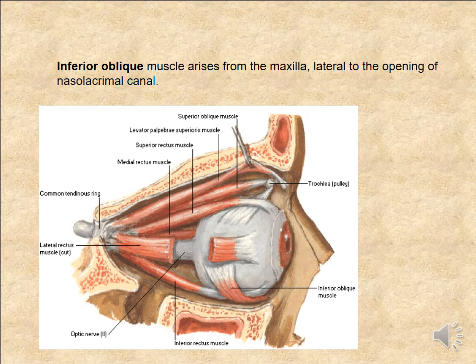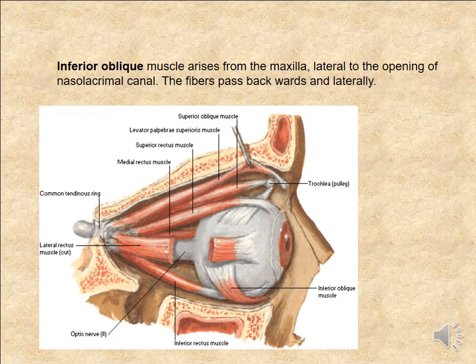The last extraocular muscle, and the second of the oblique muscles, is the inferior oblique muscle. It arises from the maxilla lateral to the opening of the nasolacrimal canal. The fibers pass backward and laterally and insert into the sclera.